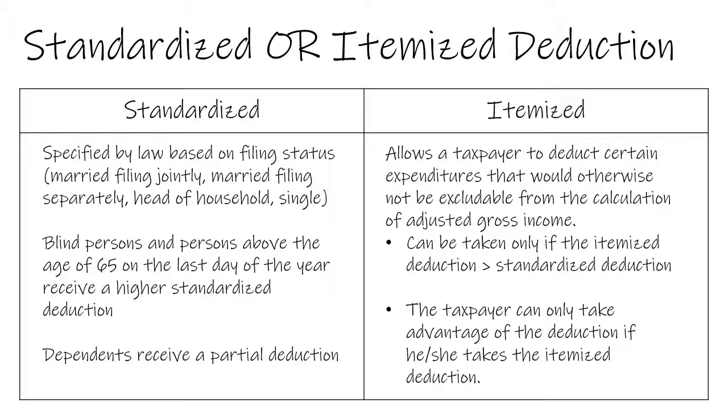For example, interest on student loans is a deductible expense if you itemize. However, if your standardized deduction exceeds your itemized deduction, you can't take both. It's to your advantage to take the standardized deduction, but you can't do anything with this other deduction.